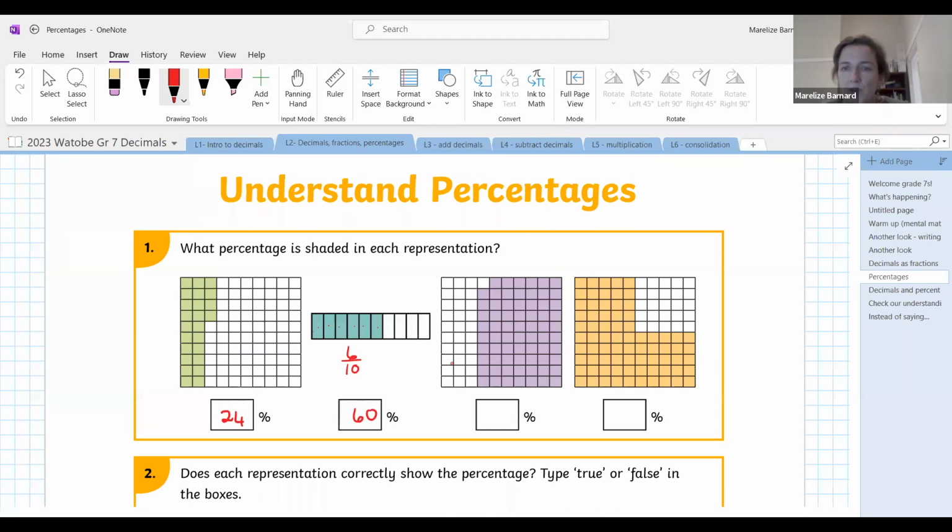Okay, and the purple, how much is shaded? We've got 10, 20, 30, 40, 50, 60, so 60% is shaded. And let's do the last one. How much is shaded? 10, 20, 30, 40, 50, 60, 70. Let's see what you say.